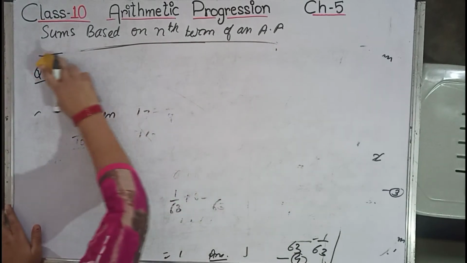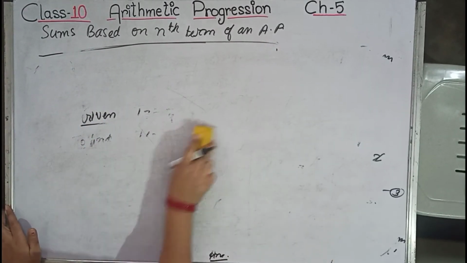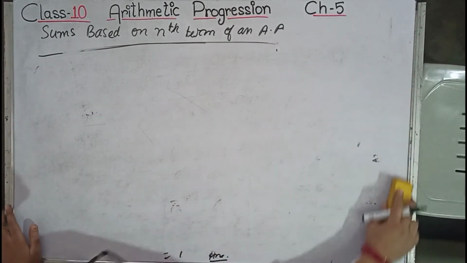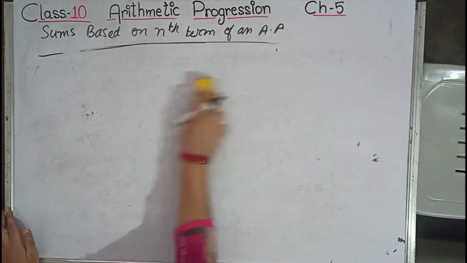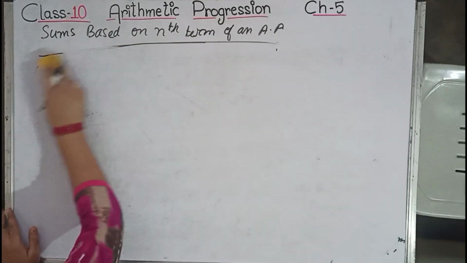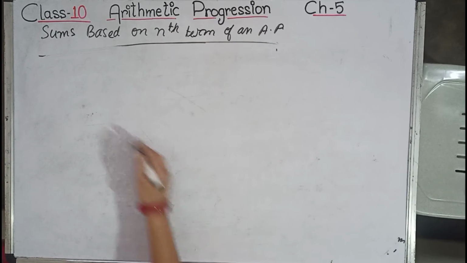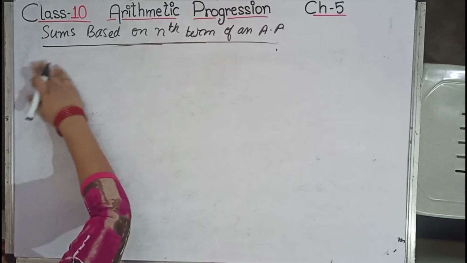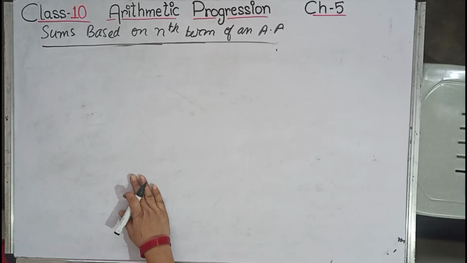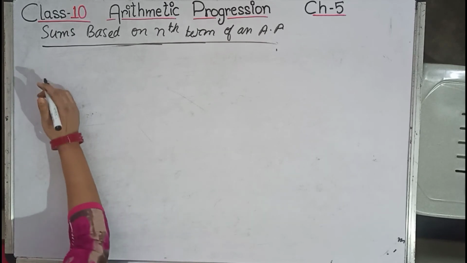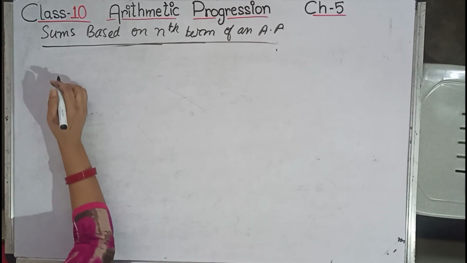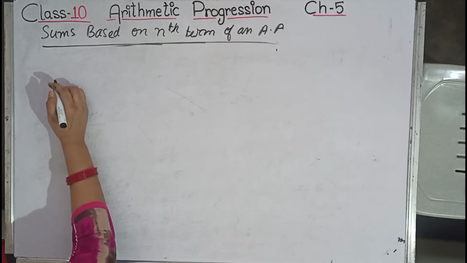So children, now you can consider this AP topic as an easy topic because it is calculation based and you people love calculation, isn't it? Let us do one more sum. Example number 9.